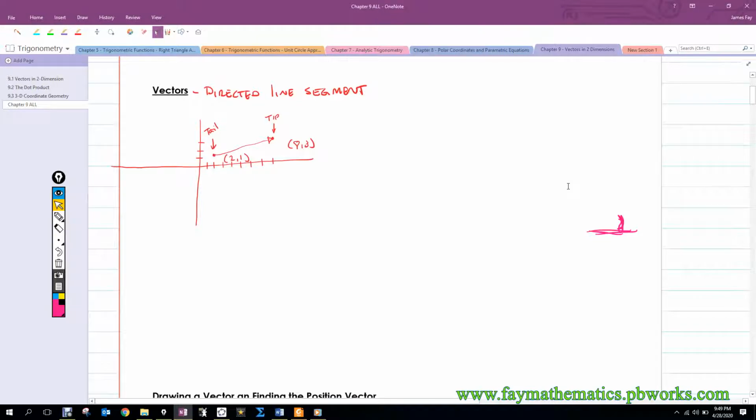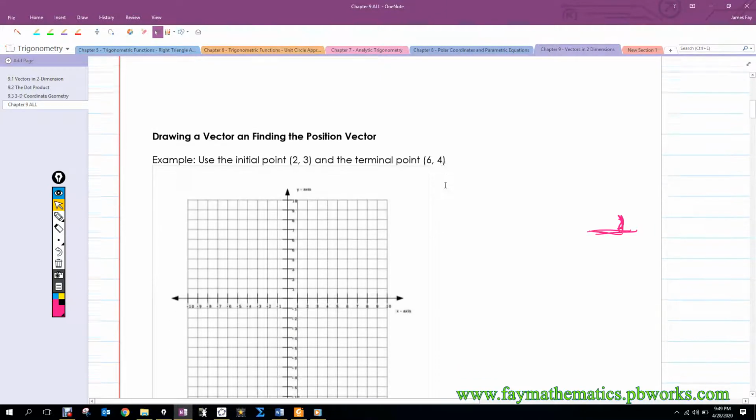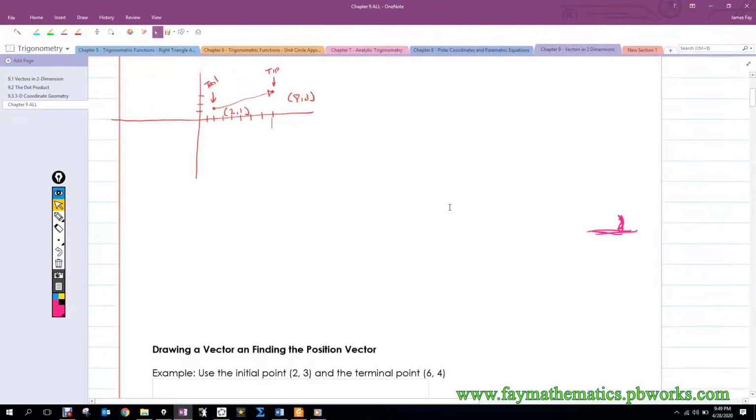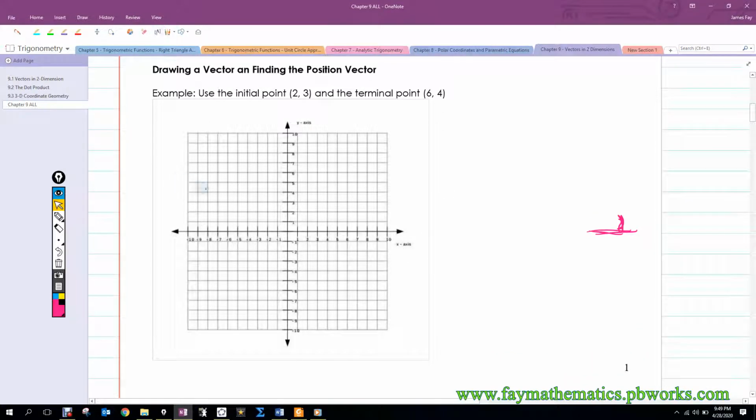Okay, so one of the key things that they ask us to do is to draw a vector. I just told you how to draw it, and then come up with what we call a position vector. First thing we're going to do here is use the initial point 2, 3. So I'll go over to 2 and then up to 3.